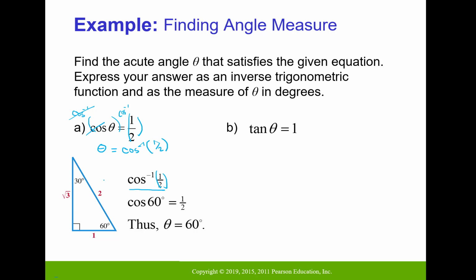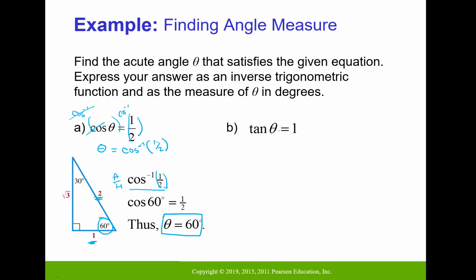Looking back at our triangle, what angle has a cosine value of 1/2, and cosine is adjacent over hypotenuse? If we pick 60 degrees, the adjacent side is 1 and the hypotenuse is 2, so cosine of 60 would be 1/2. Therefore cosine inverse of 1/2 is 60, or the angle theta is 60 degrees.